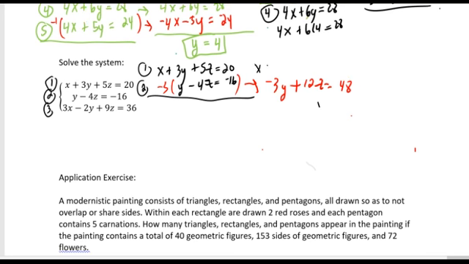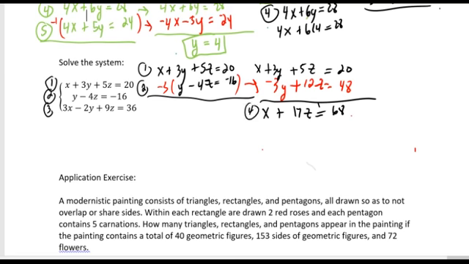The first equation is x plus 3y plus 5z is equal to 20. So x plus 0 is x, 3y plus negative 3y is 0, and 5 plus 12 is 17z is equal to 68. So that creates our new equation number 4.